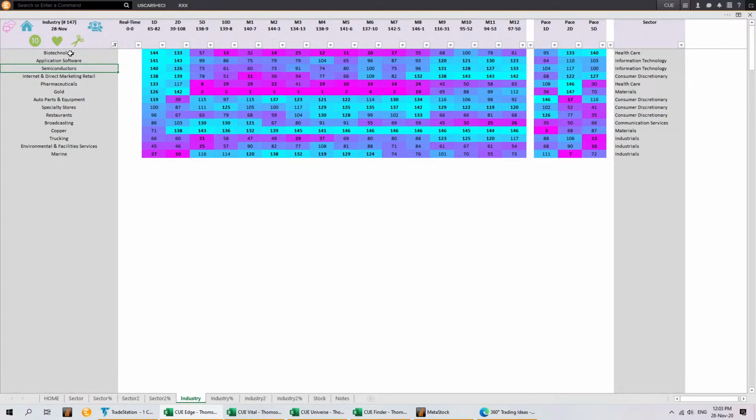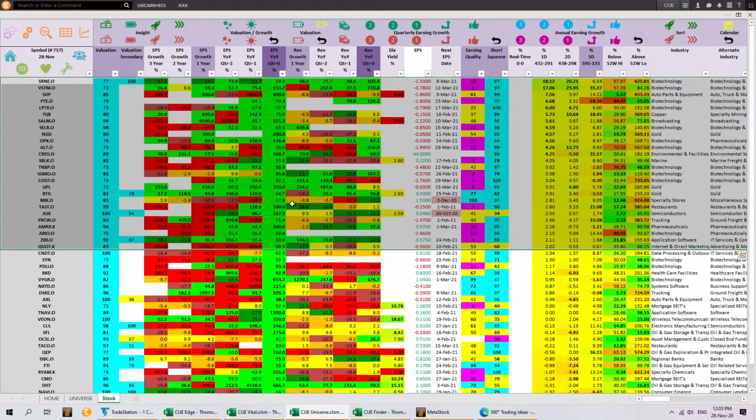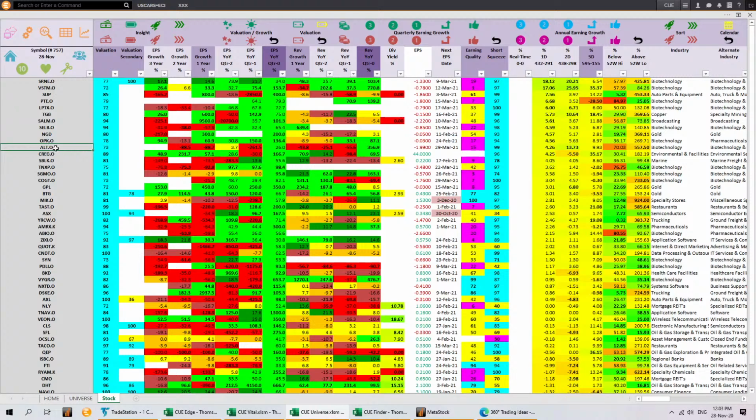Therefore, we may now go back to the stock list and look for stocks in biotech, for example, or gold, or pharmaceuticals, or application software. Let's go back to the stock list in Q Universe, which is same as Q Vital. Now we may look at their charts. I did this analysis for ALT 2 days ago.